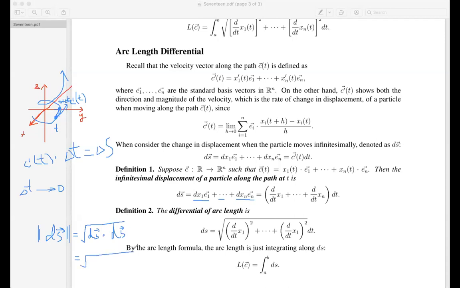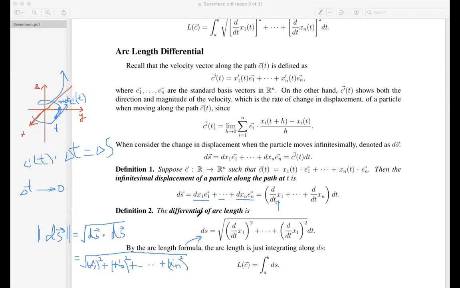If you remember, the dot product is basically x1 prime square plus x2 prime square all the way to xn prime square here, okay?